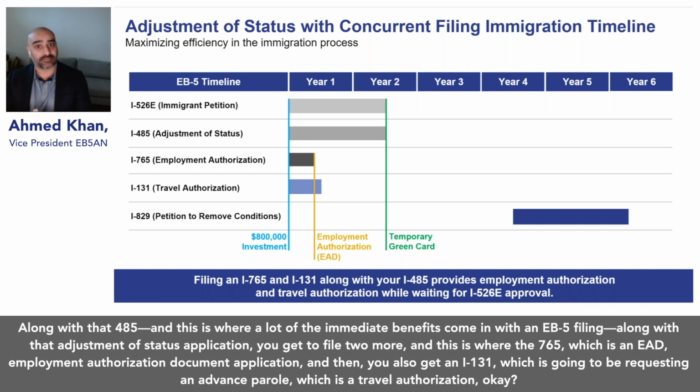Along with that I-485, and this is where a lot of the immediate benefits come in with an EB-5 filing, along with that adjustment of status application, you get to file two more. This is where the I-765, which is an EAD, Employment Authorization Document application, and then you also get an I-131, which is going to be requesting an advanced parole, which is a travel authorization.